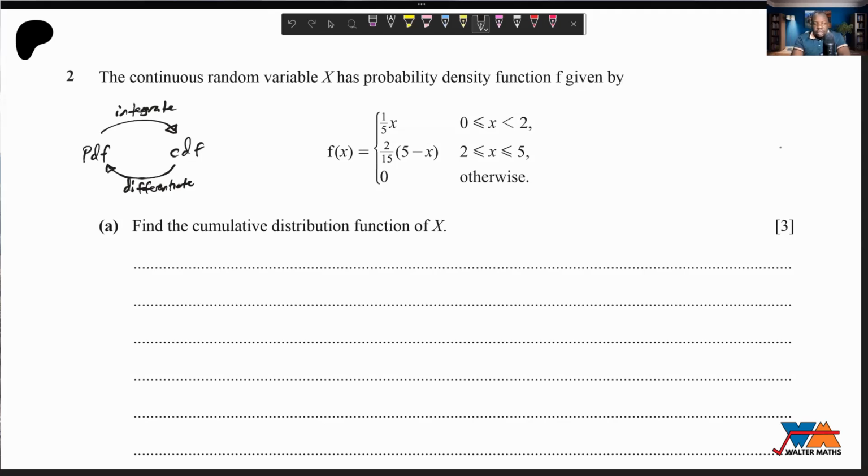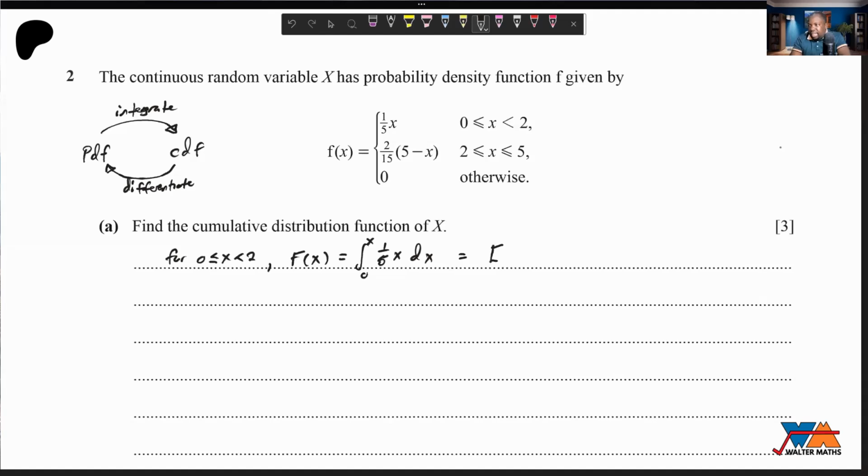So for 0 up to 2, the CDF is going to be F of x equals the integral of a fifth of x, from 0 to a certain value of x, with respect to x.